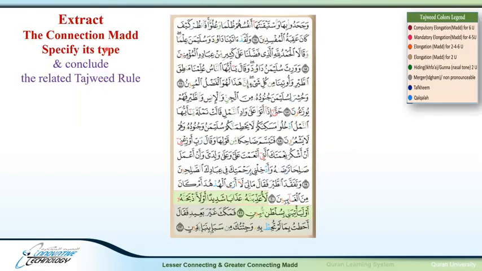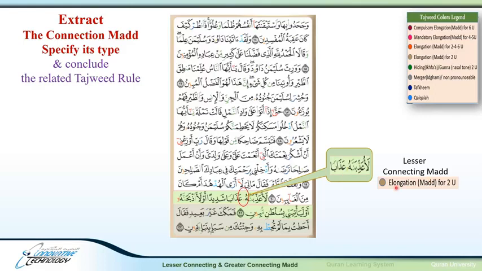Now we're going to practice extracting connecting med from these verses, and we're going to look for the 2 meds, either the brown or the bright red color, and we find here a small brown waw after a ha. لأعذبنه عذابا. A dhamma followed by a small waw in brown, no hamza following it, an example of lesser connecting, to be elongated for 2 units.